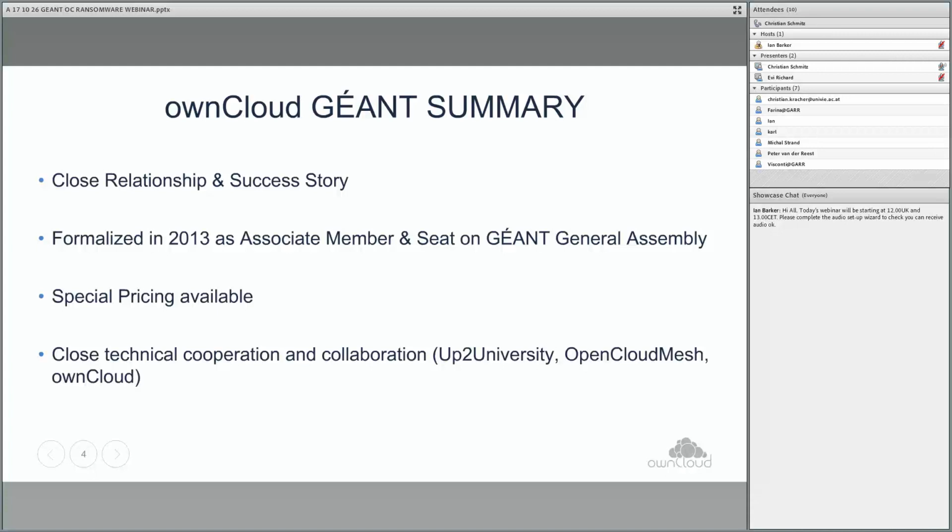Some examples of these collaborations would be most recently Up to University, something that is rather new and where the outreach has not been so strong yet, because it's a project that is being worked on very actively. It's a €5 million Horizon 2020 funded project that includes a lot of participants, including GÉANT, GWDG, CERN, OwnCloud, and various other entities, including some as far away as the University of Tel Aviv.